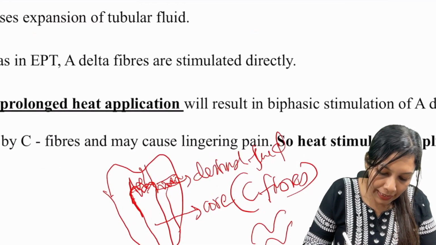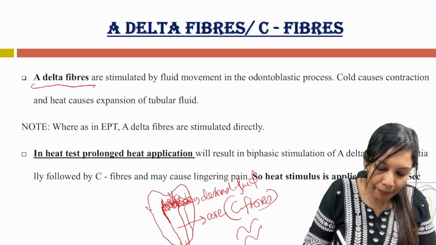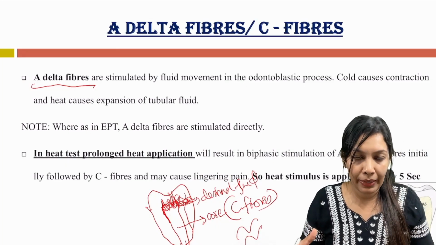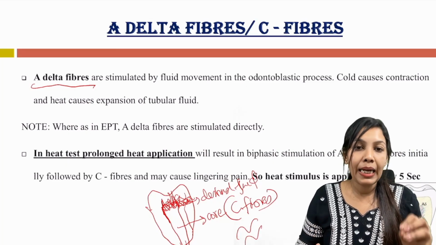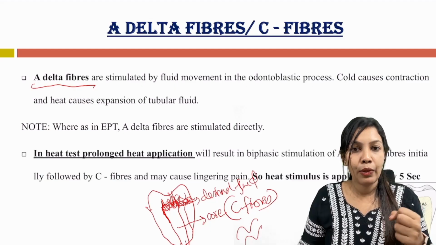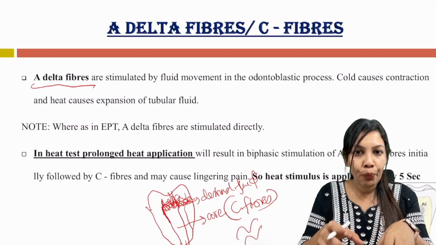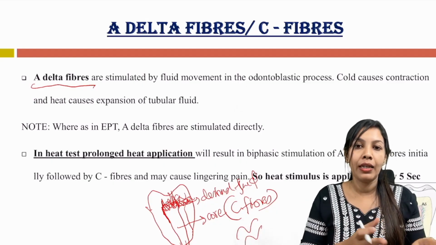As I said, A delta fibers are placed here. So this dentinal fluid often touches the A delta fiber and activates it. Whereas in EPT, the electrical pulp tester, A delta fibers are stimulated directly. In cold and heat tests, the expansion of the tubule often activates the A delta fiber.